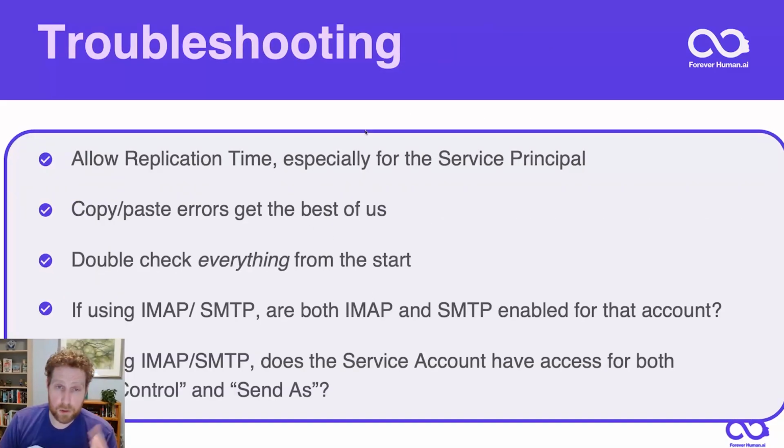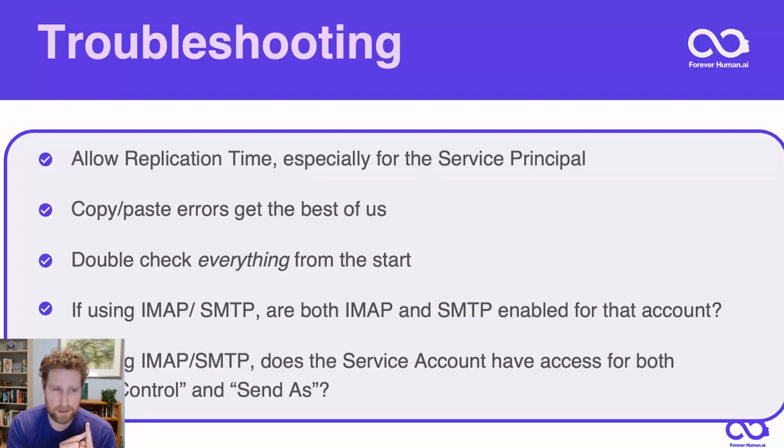So here, troubleshooting. These integrations do require troubleshooting. There's a lot of stuff to get right. There's a lot of stuff that can go wrong, and it can be quite a pain because the ServiceNow logging on it pretty much just says connection error, and the error doesn't really give you a lot of details. So first, especially for the service principal, allow replication time. That can easily get you. Copy paste errors.